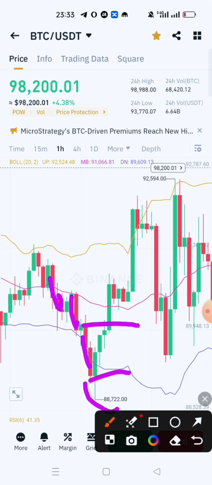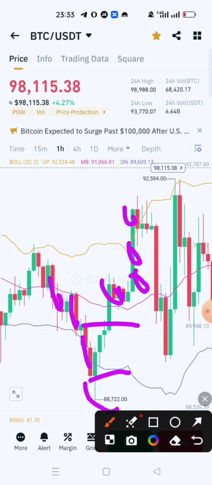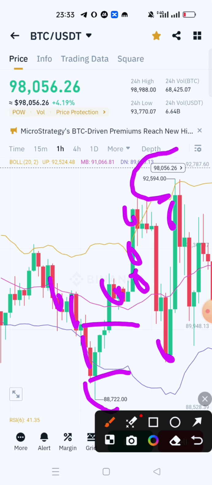Now you can see that after falling down, it went back up with a very long green candle, which means Bitcoin rose for about an hour straight into green, and it fell a little bit and it rose again, and finally it rose to $92,594. Now this is the price of Bitcoin in this given time, in the hourly time frame.